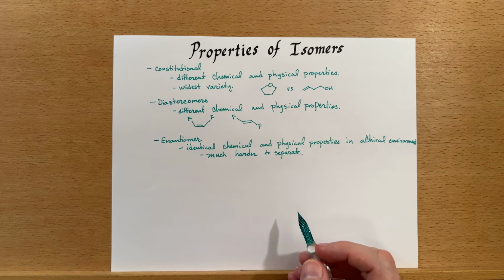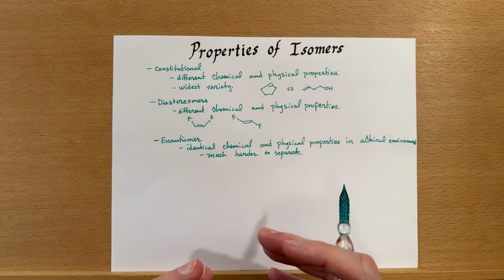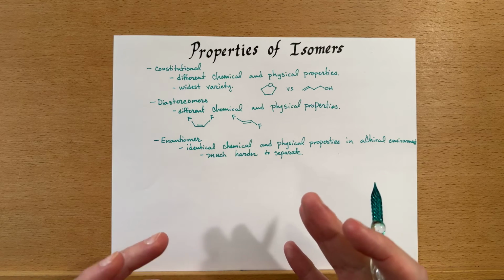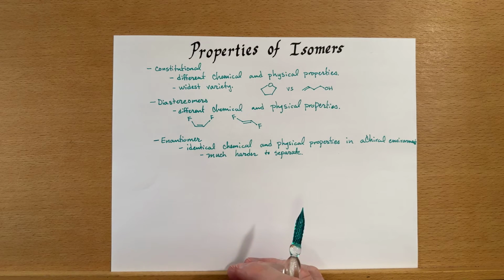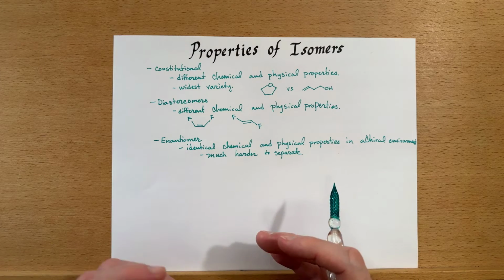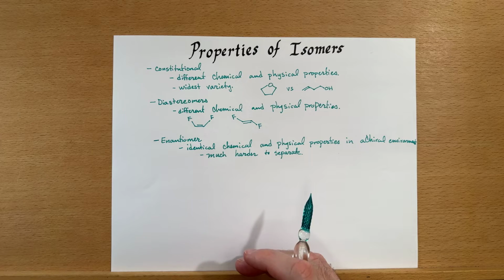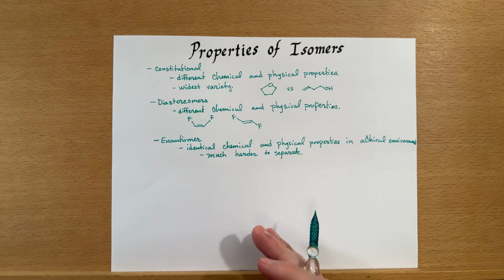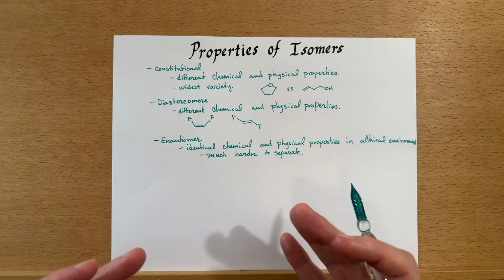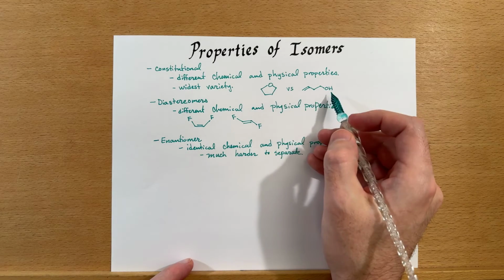Some reactions will take something that is not chiral and turn it into a molecule that is, but they're not selective on which chirality they're generating. Take, for example, this alcohol.